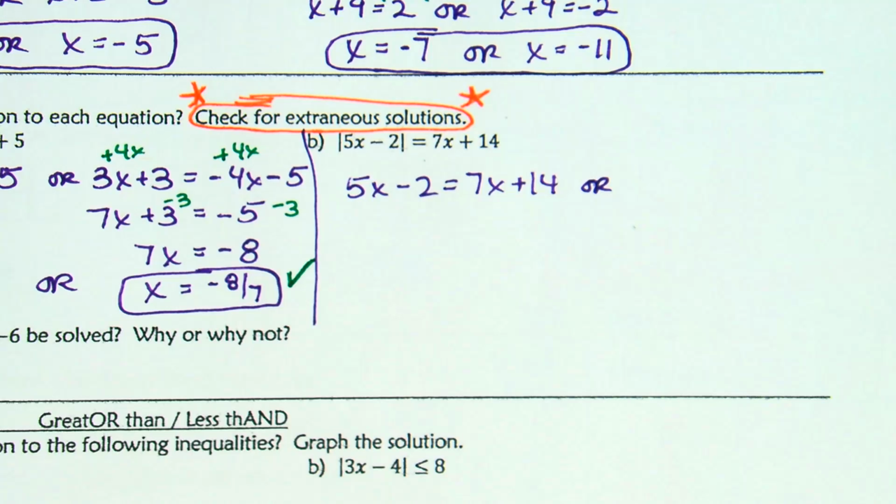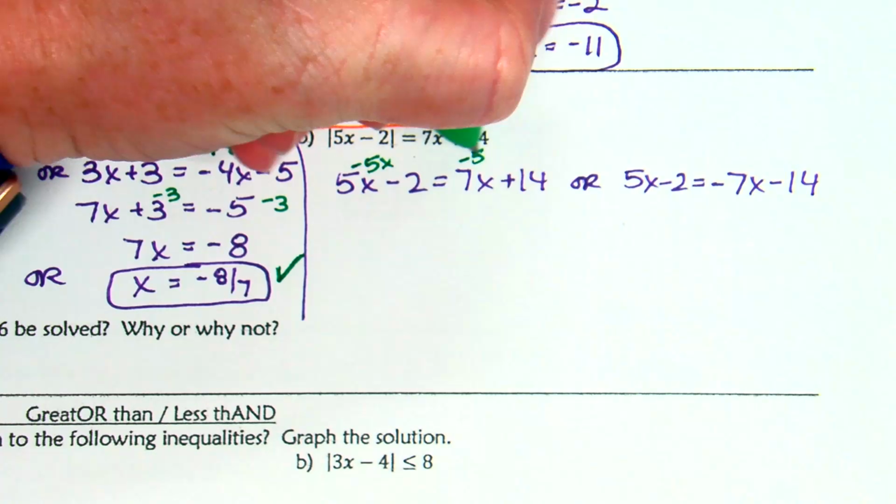Okay. If I go through it real quick, this time I'm going to do it the other way. Subtract the 5x over. So then I have negative 2 equals 2x plus 14. Then to get 2x by itself, I'm going to subtract 14. Negative 2 minus 14 is negative 16. If 2x equals negative 16, divide by 2 and x is negative 8.